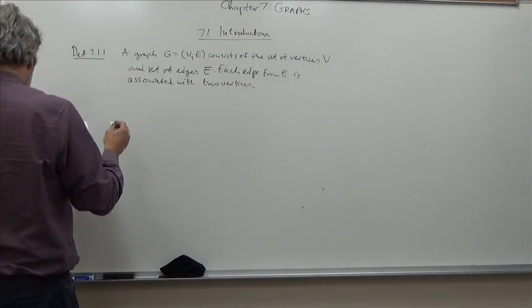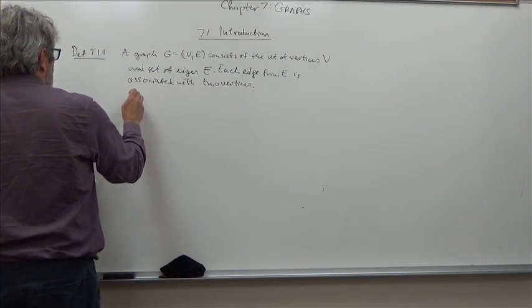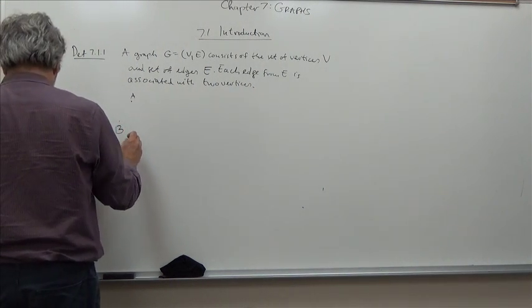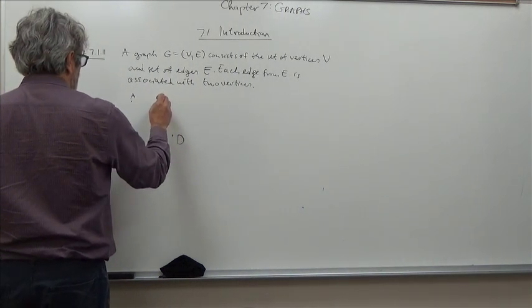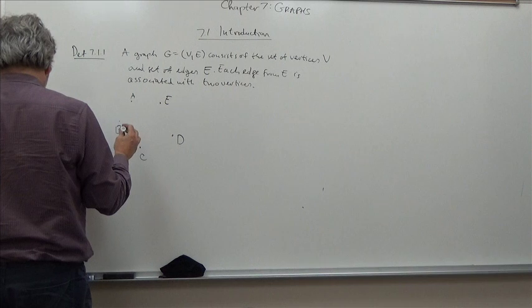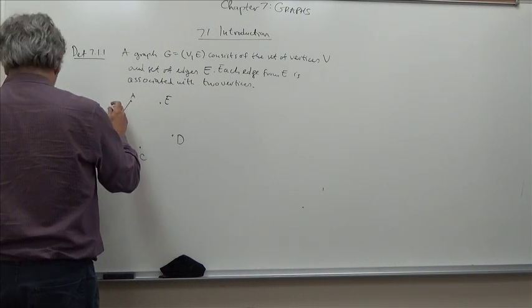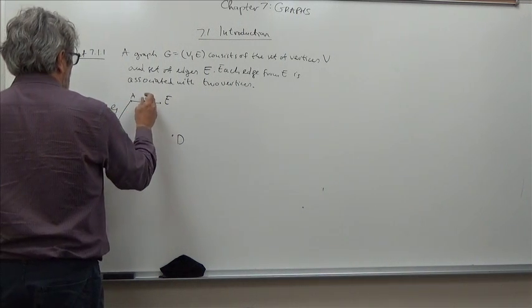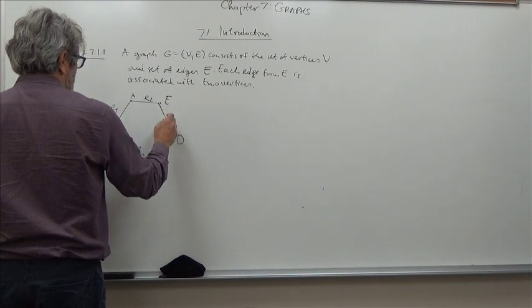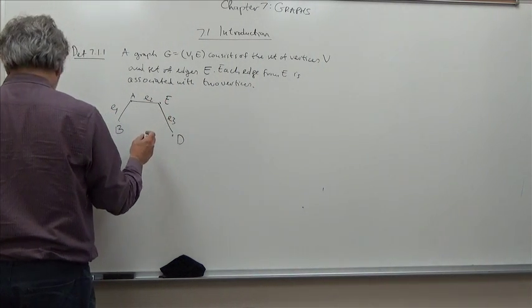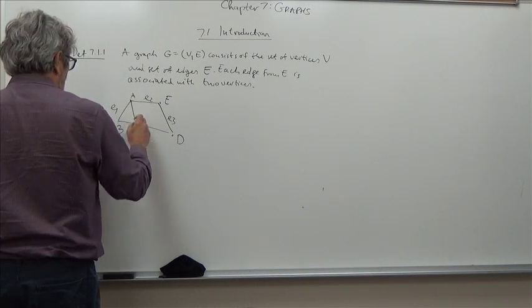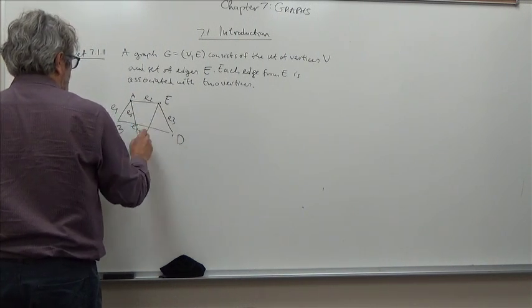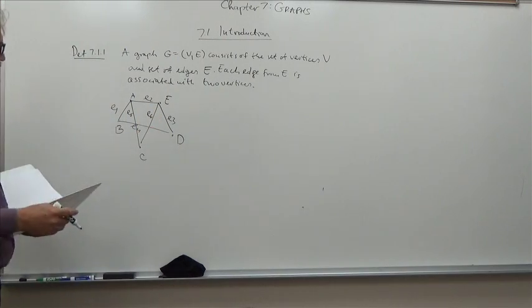So here is an example. Here is A, B, C, D, E. And then we have connectors. Here is E1, here is E2, E3, E4, E5, E6.